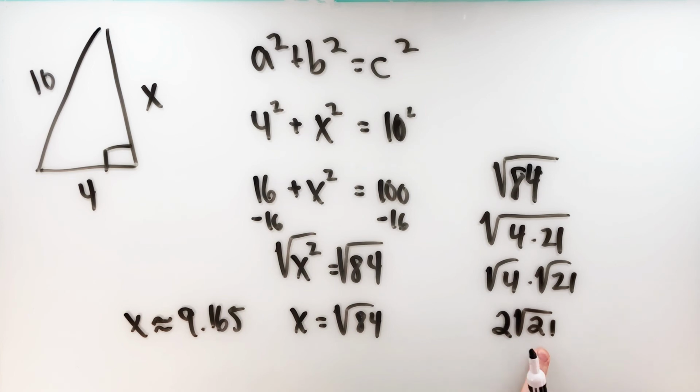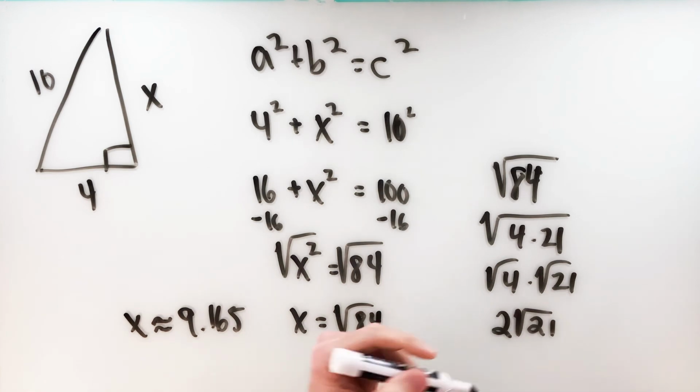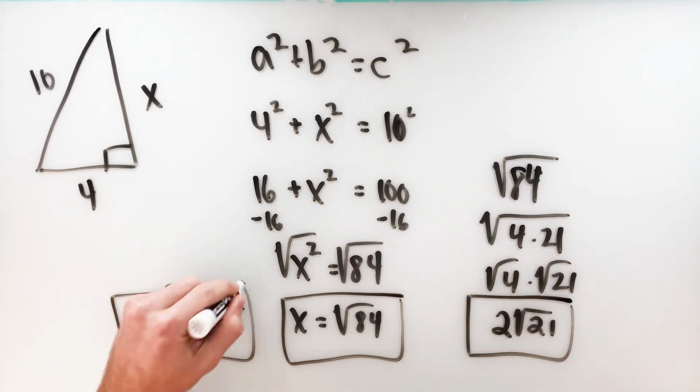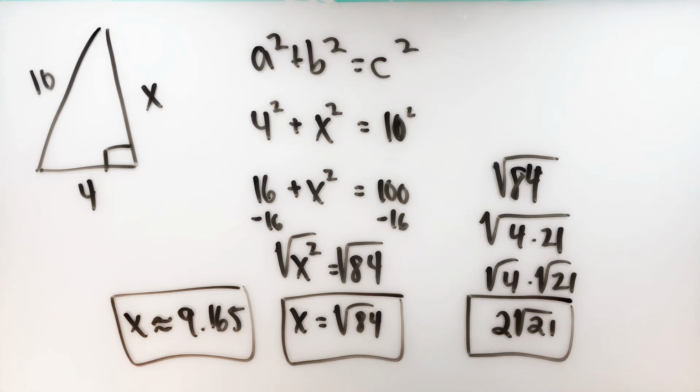The only factors other than 1 and 21 would be 7 and 3, and those are both prime, so I can't really go any further there. So this would be the simplified radical version of the square root of 84. Again, all of these answers are fine. You might be asked to express your answer in a certain way, but that's just dependent on your instructions and what your goal is.